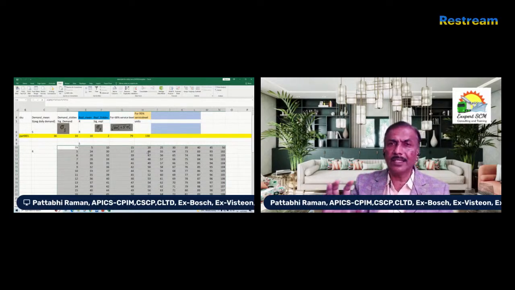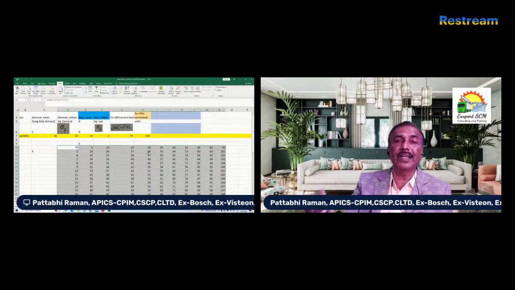We call this a simulation tool. What if analysis? If my demand changes by a big margin, I want to have a ready figure. If my lead time is changing, what will be my safety stock? Of course, you can change anything.